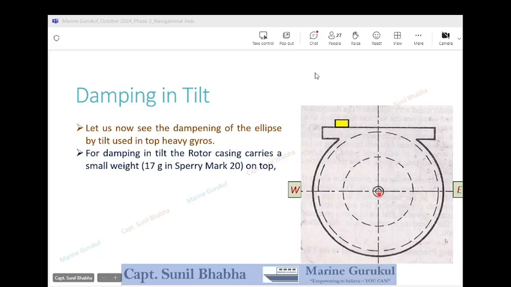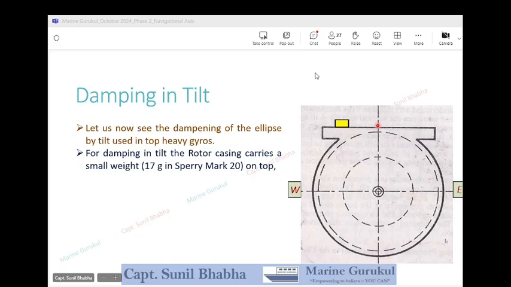Now to generate damping precession, we again place a weight on the casing of the gyro compass, but this weight which we are placing now is much smaller as compared to the weight which was placed to make it top heavy.